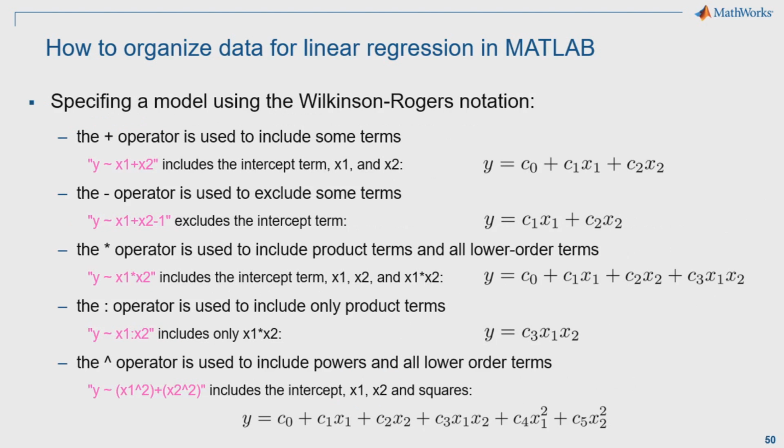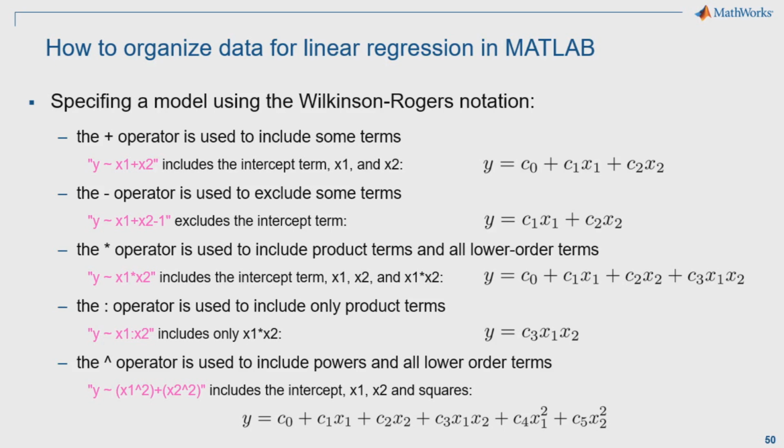You can specify models using the Wilkinson-Rogers notation. I don't want to spend time here. This is just a way to do this. You can see that different operators can be used to address a specific encoding in the notation to obtain a particular formula.